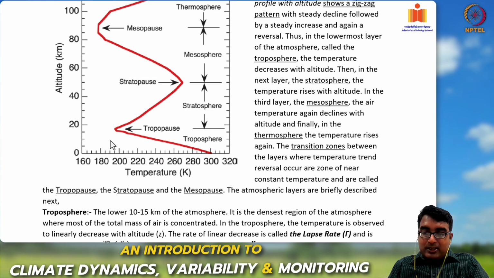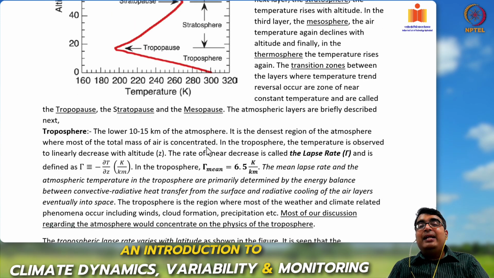And this balance of the incoming heat flux from convection and radiation and the outgoing heat flux through radiation to space is determining the temperature of a certain mass of air within the troposphere. As a result, when we do this calculation, we will see this linear decrease in temperature of air layers as we move further and further away from the surface.